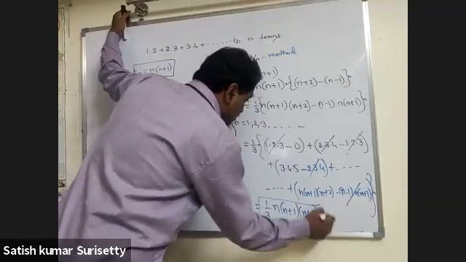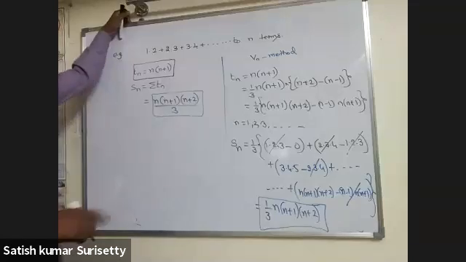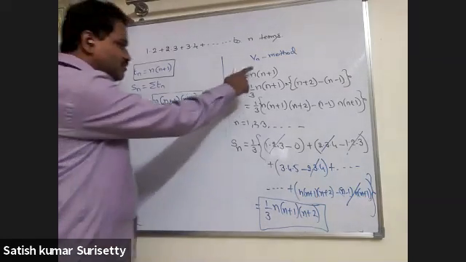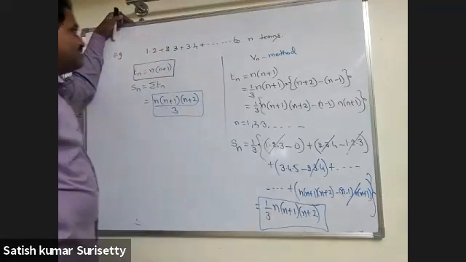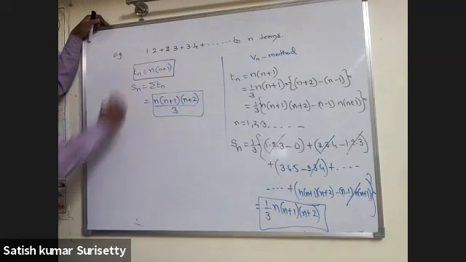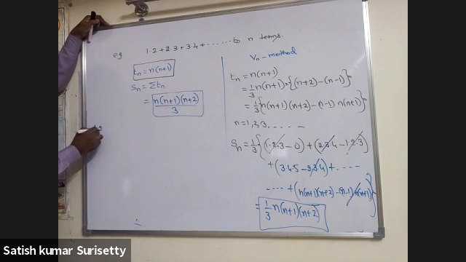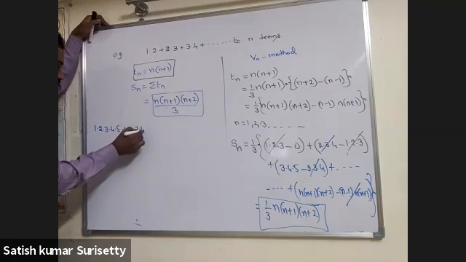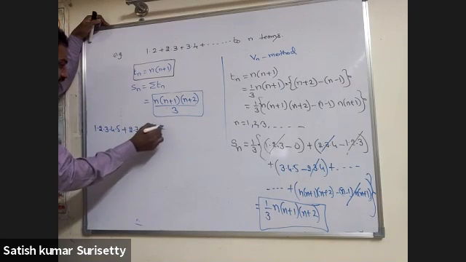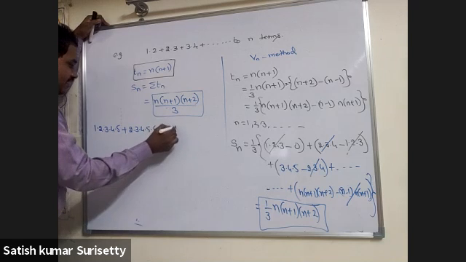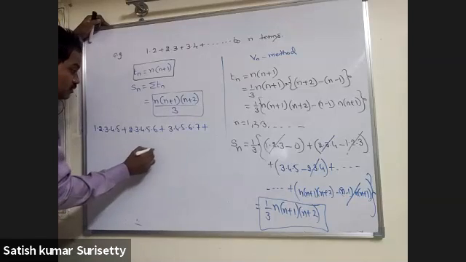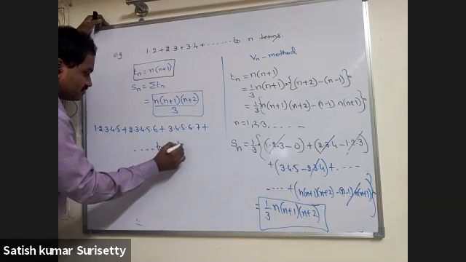Now there is a chance that you may feel that the normal method is easier than the Vn method. But suppose the problem is 1 into 2 into 3 into 4 into 5 plus 2 into 3 into 4 into 5 into 6 plus 3 into 4 into 5 into 6 into 7 plus and so on to n terms.